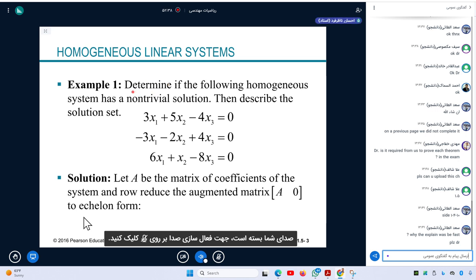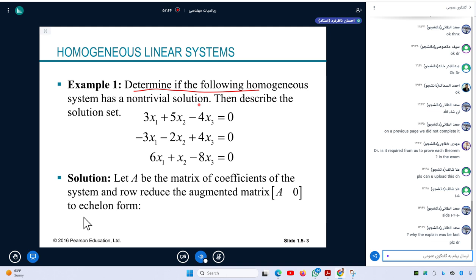So this is an example. Determine if the following homogeneous system has a non-trivial solution. This is a very important exercise. Then describe the solution set if it exists.